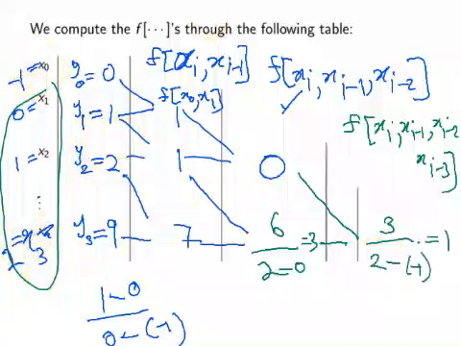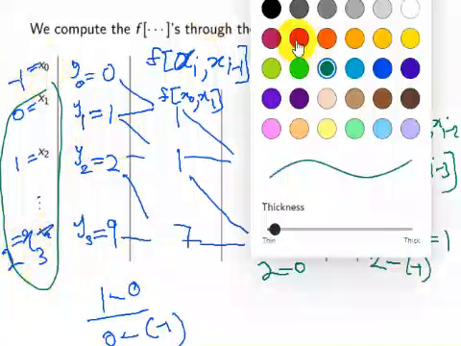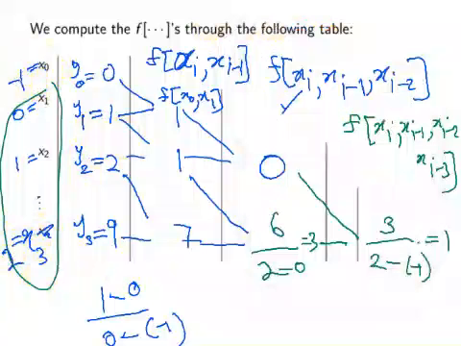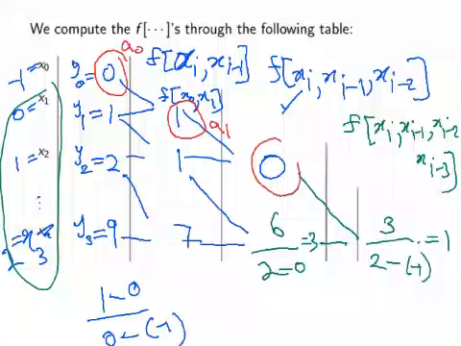Therefore, this is your a naught, this is your a1, this is your a2, this is your last coefficient a3.